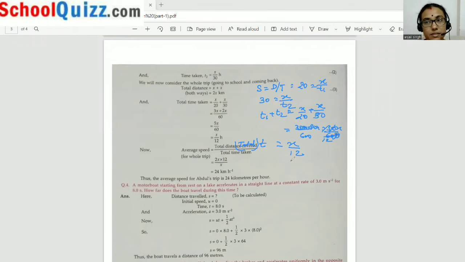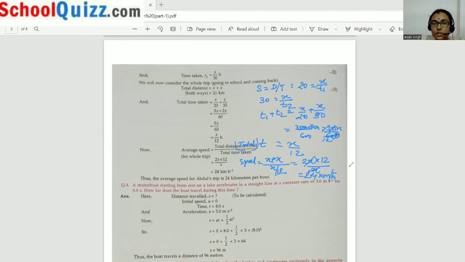One time it is x, another time it is x, and the time is x by 12. So that will be 2x, 12 will go to the upper side and that will be x. The x cancels out. 12 into 2 is 24. The total speed is 24 kilometer, only 24 kilometer per hour.